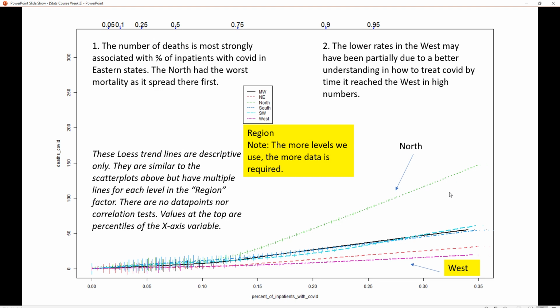Another benefit of looking at this data this way is that as we start to consider what things to look at, because we're starting to see a distinct pattern, we may want to consider region in future analyses. An important note is that the more levels we use, the more data is required for each of those levels.